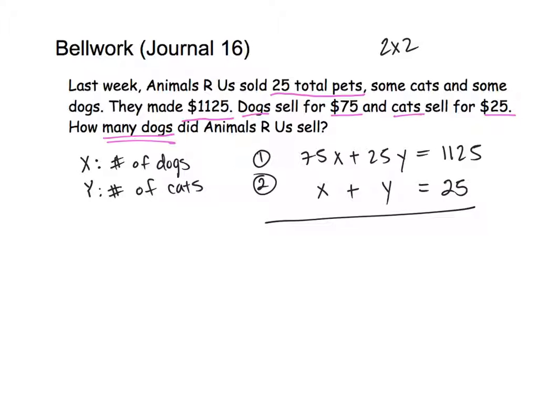So I need both of these Y's to be, well, that's 25, that's 1. So I can make them both be 25 if I multiply the bottom one by negative 25, right? So that way this one would be positive, this one would be negative. So I'm going to distribute that in, but the first equation, I don't multiply anything, so I'll bring it down the way it is.